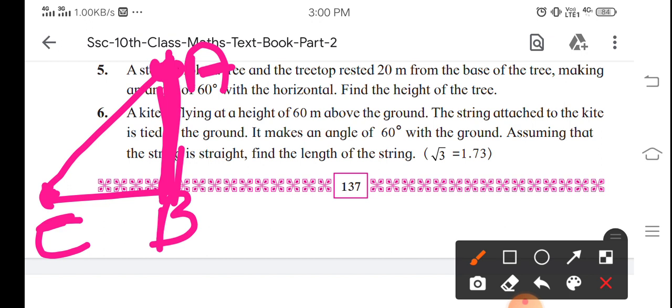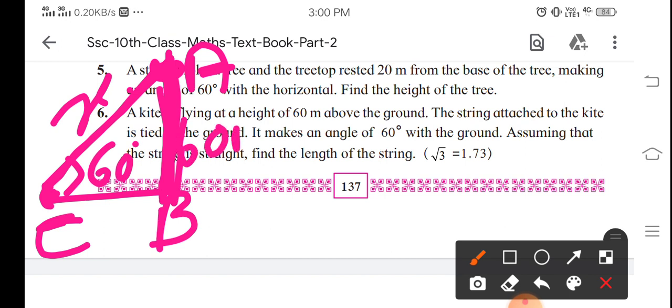So this is a string, it is tied like this. So you can just assume the length of this string, that means AC, as X. The angle they have given is 60, and the height of this kite is 60 meter. So you'll have to write over there all the things.